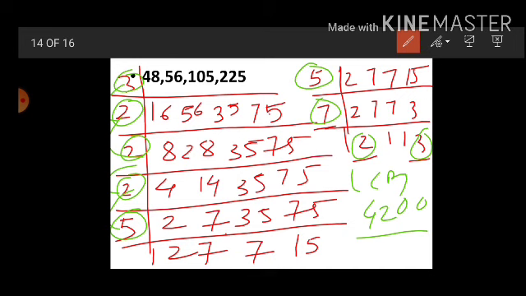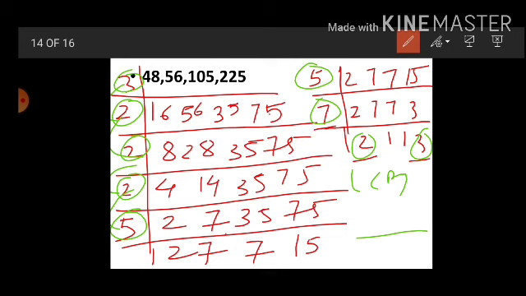So first we multiply by 2 only. 3 2s are 6, 2 2s are 4, 4 2s are 8, 8 2s are 16, and then 16 5s are 80. 80 multiplied by 3 is 240. 240 multiplied by again 3 is 720. 720 multiplied by 5 is 3600.